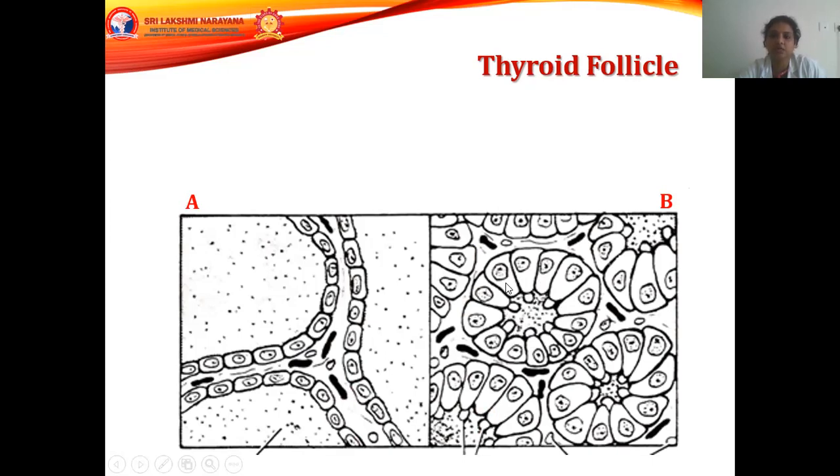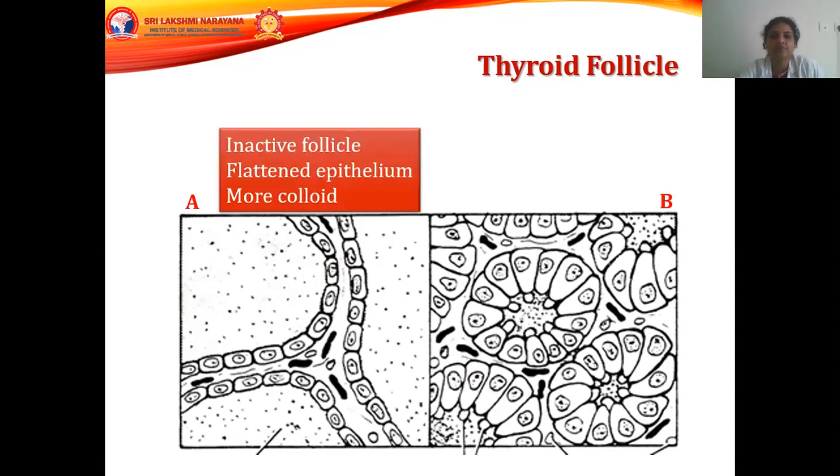So why does the thyroid follicle have to present itself in two different forms inside the thyroid gland? The answer is that figure A represents inactive follicles. These follicles have more colloid material and flattened cells.